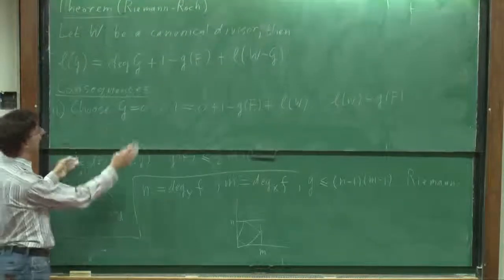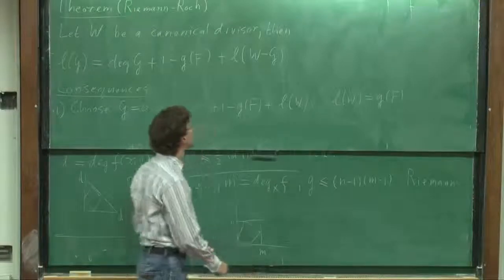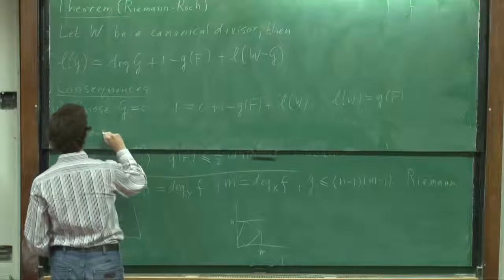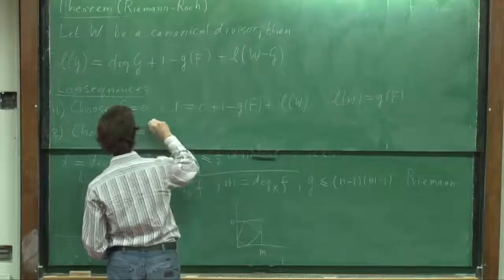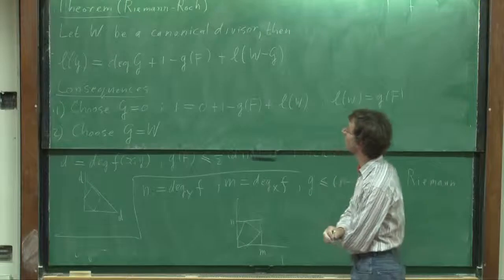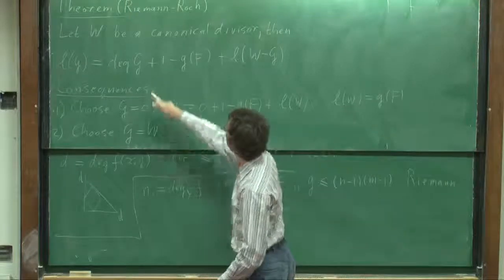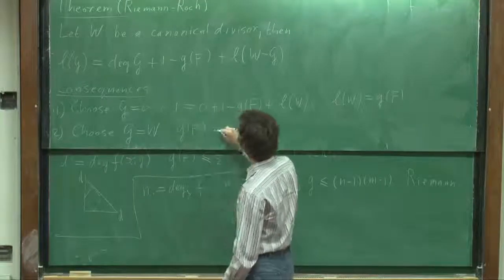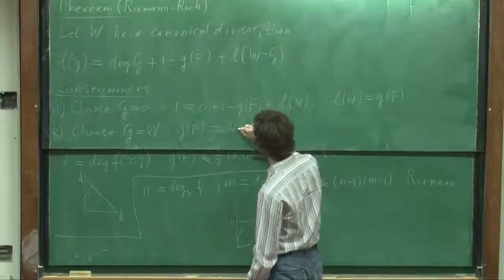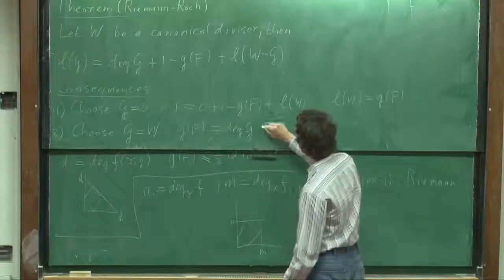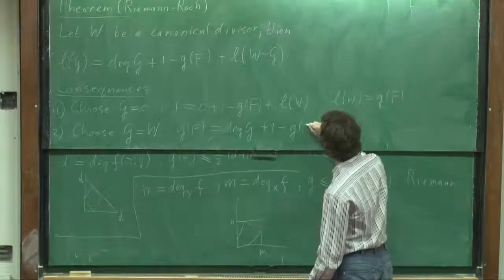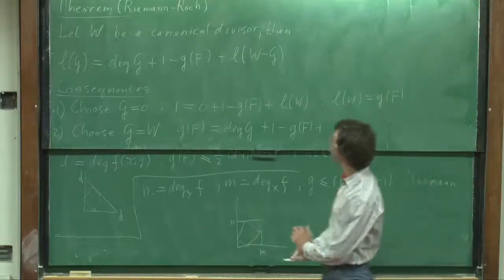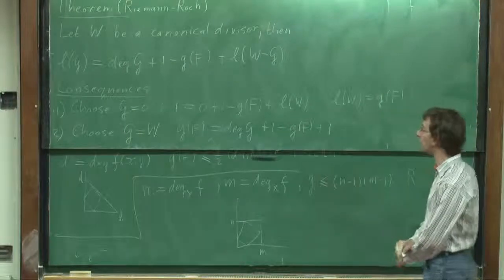But I haven't explained exactly how this connects to differentials yet. Yeah, so that is one thing. And another thing is that if we choose now this G equal to this canonical divisor W, what we get is L of W, which we just computed, the genus, is equal to the degree of W plus 1 minus the genus, and then plus the L of W minus W, which is L of 0, so plus 1.